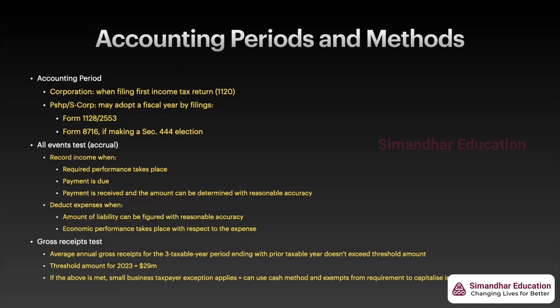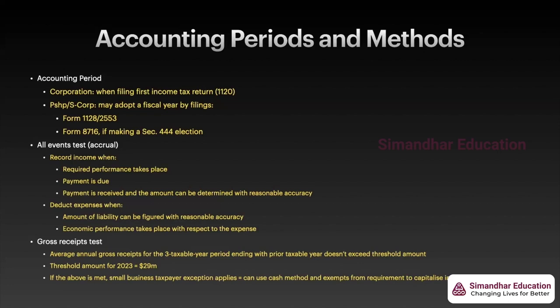You can record income when the required performance has taken place, when the payment is actually due, and when the payment is received. So when all of these three criteria are met, only then are you supposed to record income from an accrual standpoint based on the guidance issued by the IRS.